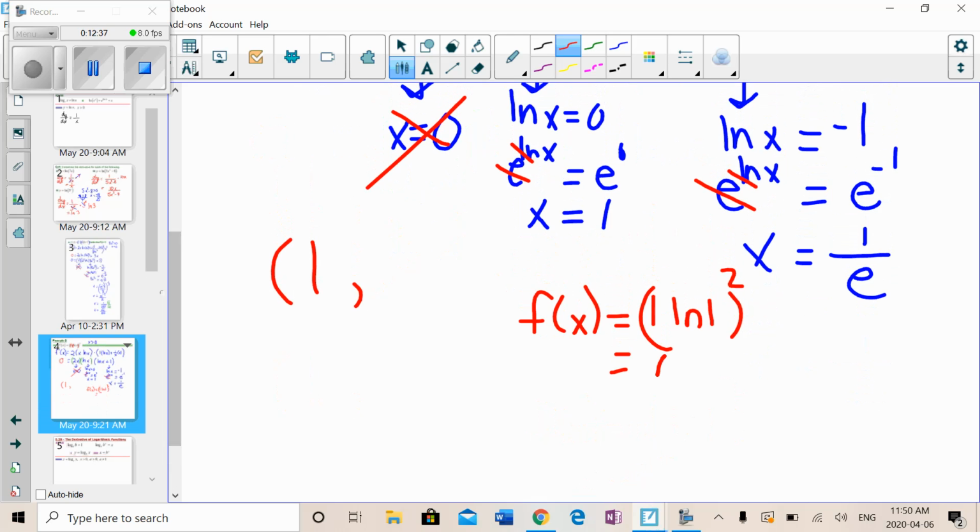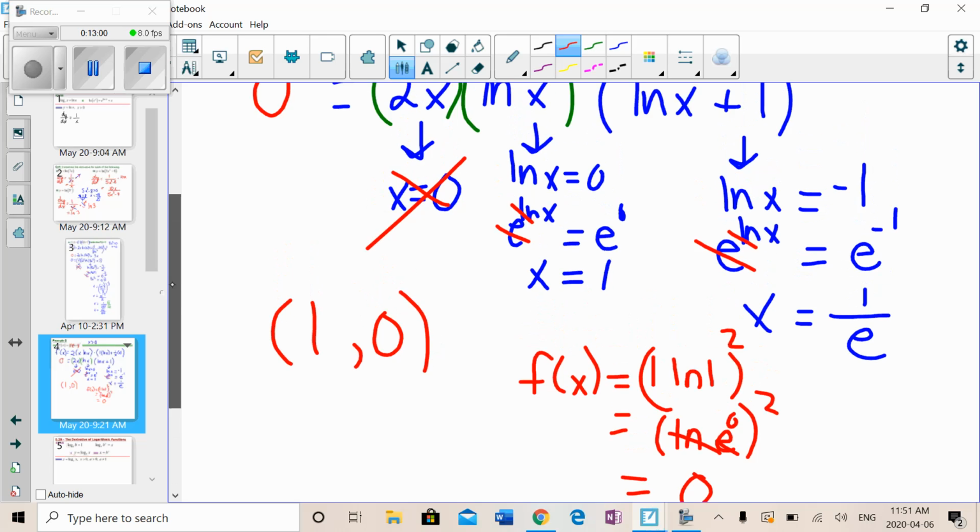Ln of 1, don't forget that's really ln of e to the 0, because e to the 0 is 1. Right? And then ln and e cancel each other out. So ln of 1 is just 0, and 0 squared is 0. I mean, nothing's stopping you from just taking your calculator and going ln 1, but really, that's just something you should know. You should be able to do some of them by hand.